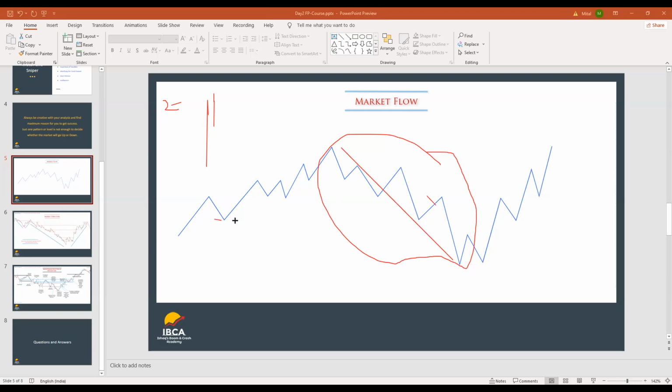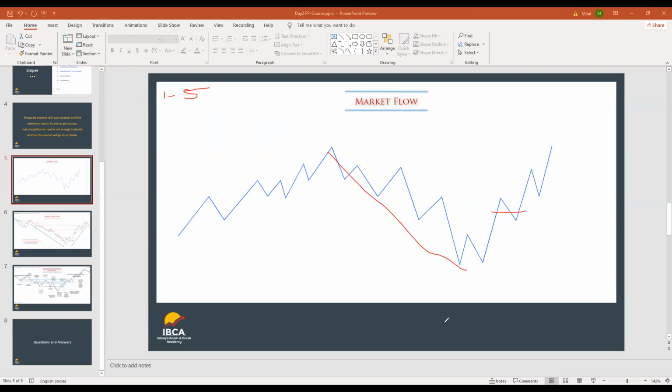But where? If you get the confirmation from the key level. Understood my point? And with safety, because you are entering here, you are risking this much and you are expecting this much. So understand the risk to reward ratio. Why I told you to trade even in a downtrend is, in trading, you cannot wait for 5 days for the trend to become an uptrend and then get into the trade.